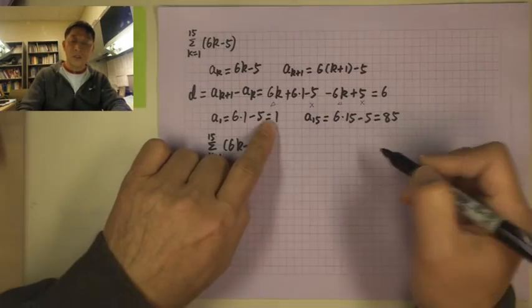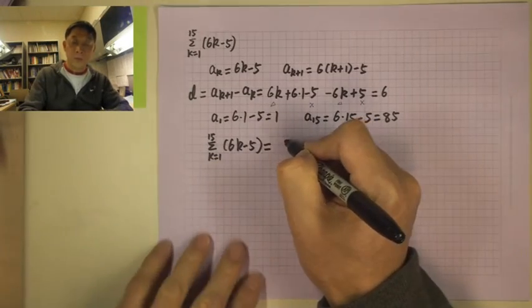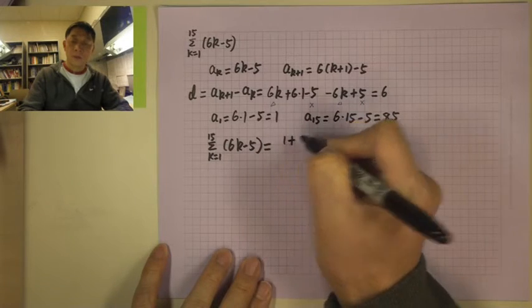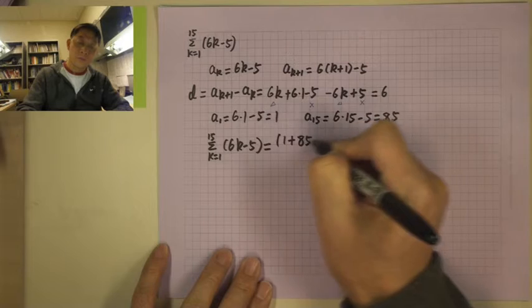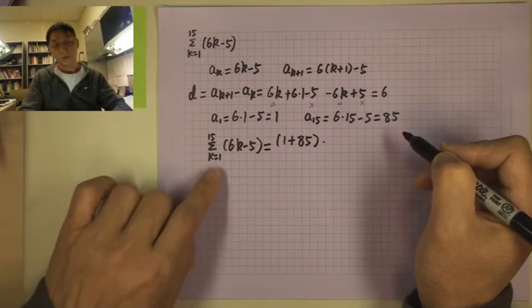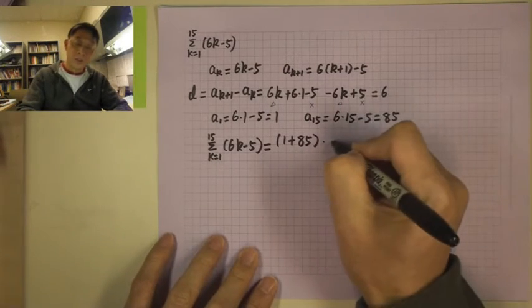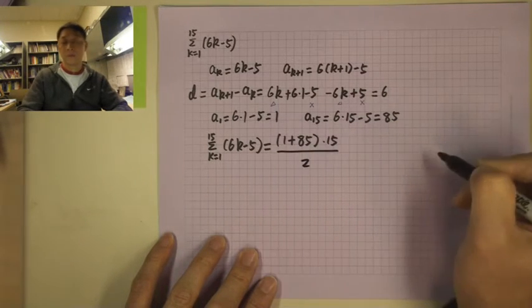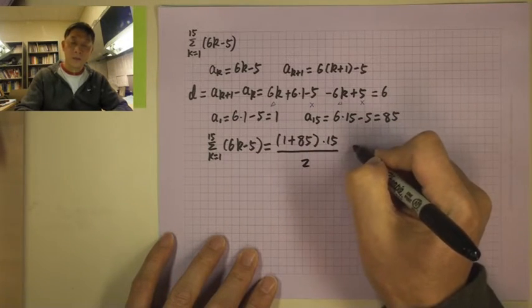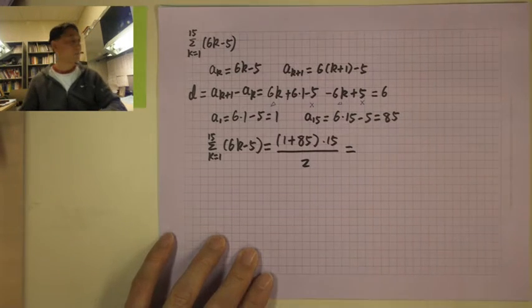So here the first term is 1. The last term is 85. How many terms? 1 to 15, so 15 terms, divided by 2. Okay, then that will be the sum.